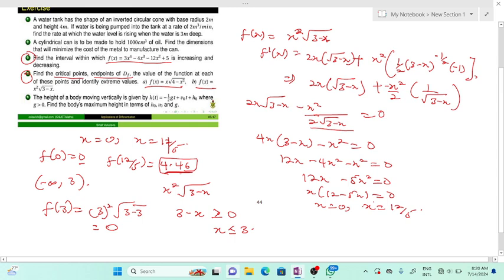Then the final question on our list, we say that we should optimize the height. So let's get straight to that too.